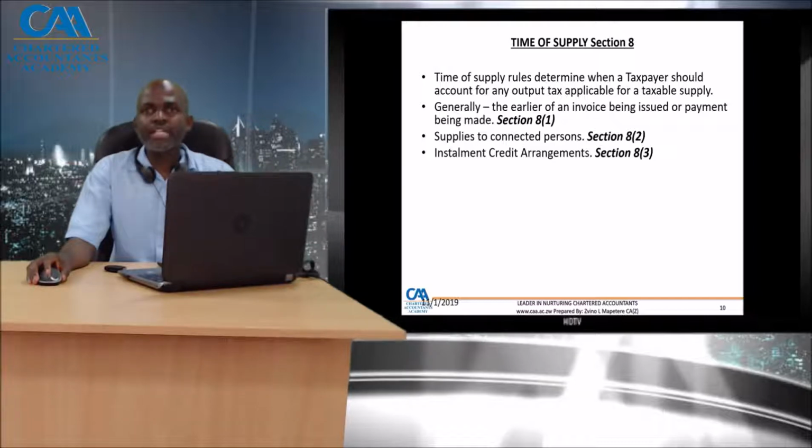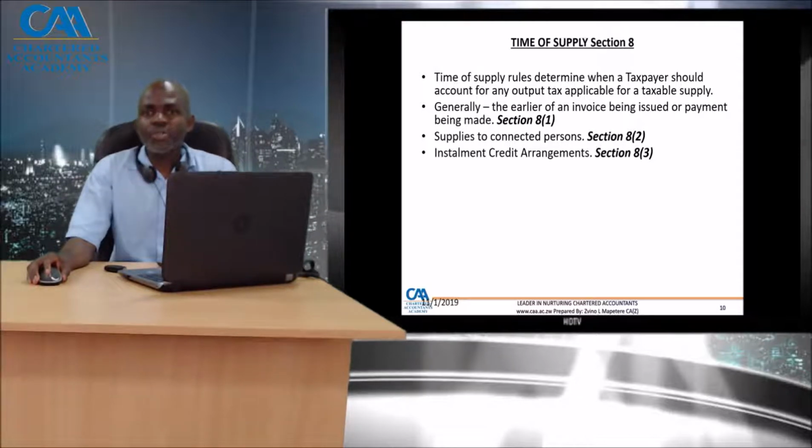Does the total cash payments that the recipient of the goods or services makes exceed the cash price? Is there a finance cost element or a financing interest element in the total receipts? And then it also looks at who bears the risks and the rewards during the period of the installment credit agreement. All these characteristics, you must know them to be able to assess a transaction and conclude whether or not it is an installment credit agreement.